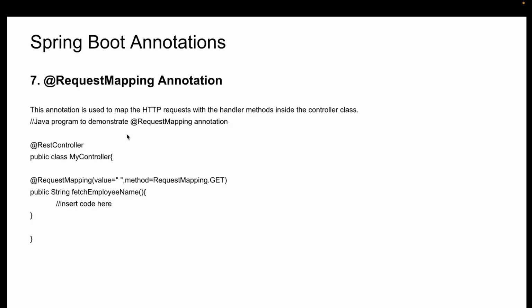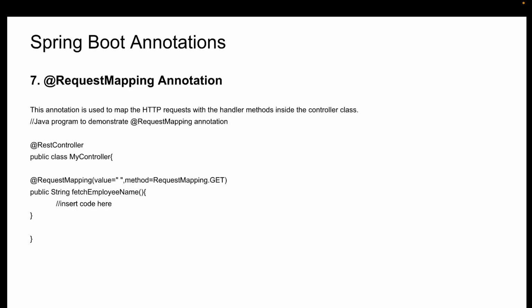Let's suppose we have a requirement where we want to fetch the employee name and return it. When we want to fetch the employee name, that means we are expecting a string output as a response.